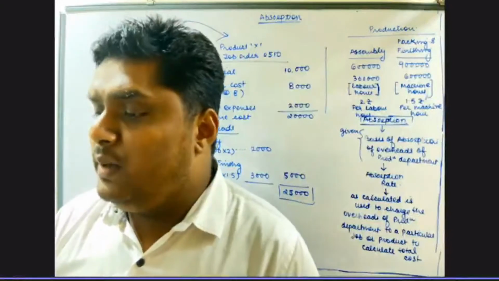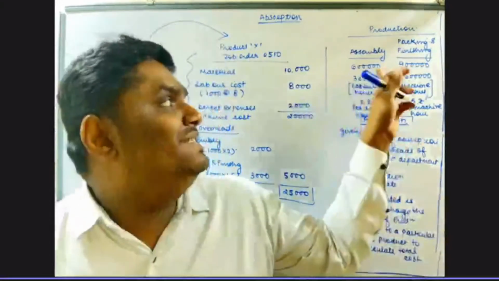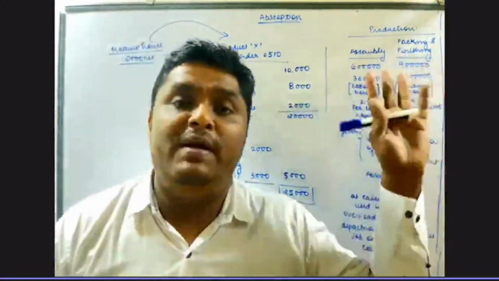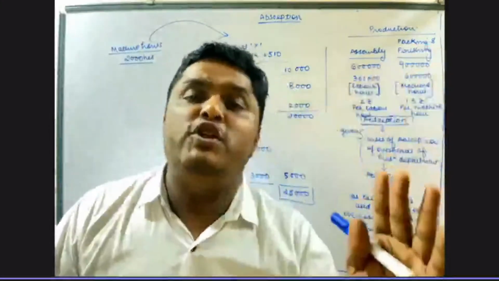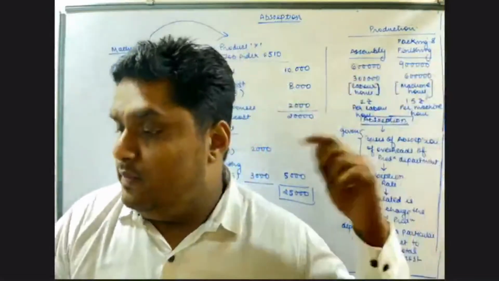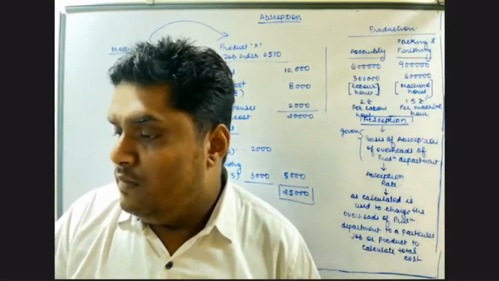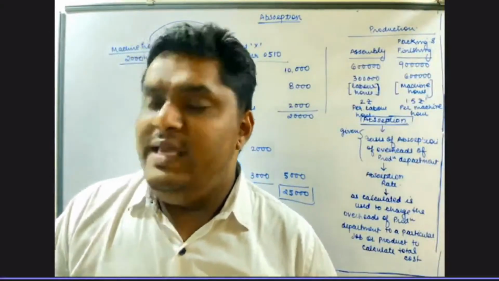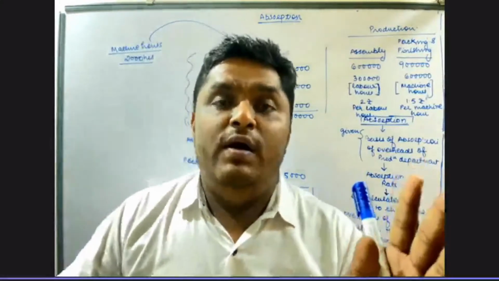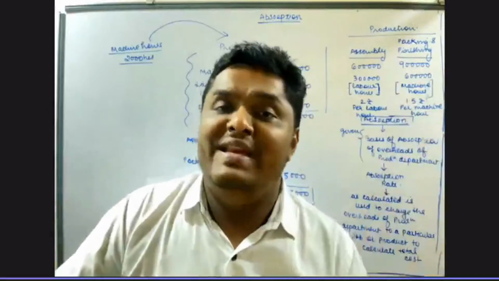Aisha, what about the overheads of service department? These are the overheads of production department, that is after reapportionment of overheads of service department to production department. See, Darshan, if there is a separate production department for every product, we can easily calculate.